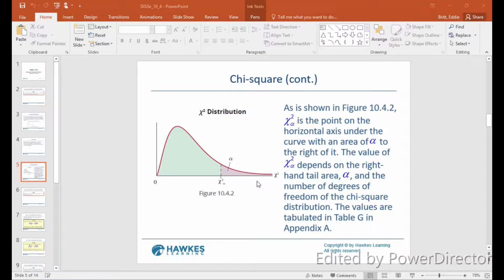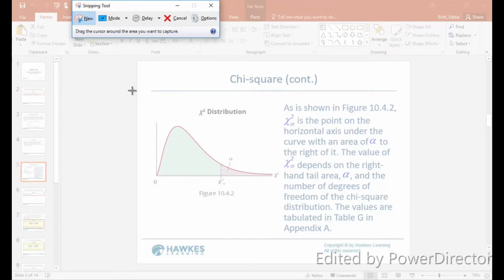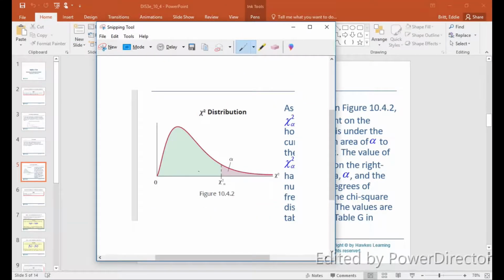There's going to be one, and since it's not symmetrical, you see it's skewed to the right. That's where the tail is. But we're going to have one over here, and then one maybe over here.